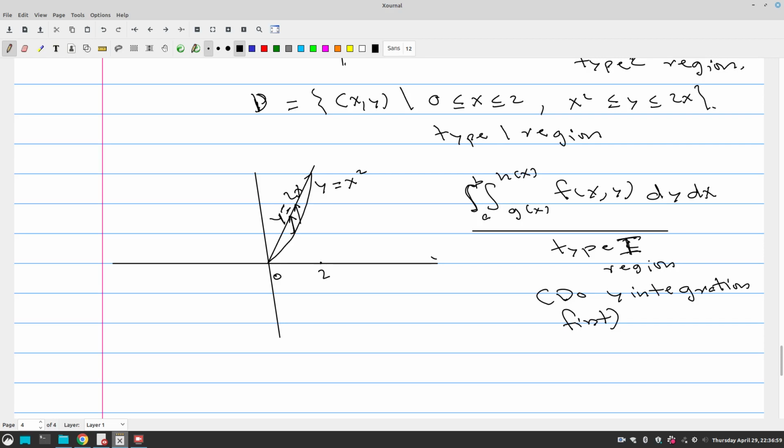Now, if you had a type 2 region, you would do the x integration first. So here's how you look at it. Integral from c to d, g(y) to h(y), f(x,y) dx dy.